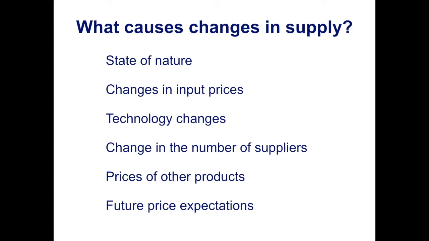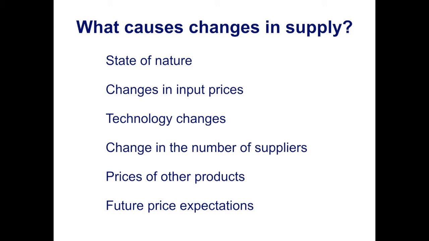Changes in supply are going to occur because of changes in the state of nature. Thinking about agricultural goods, clearly the weather is going to affect how big the crops are. Changes in input prices. When we have technology changes, this is going to increase supply.